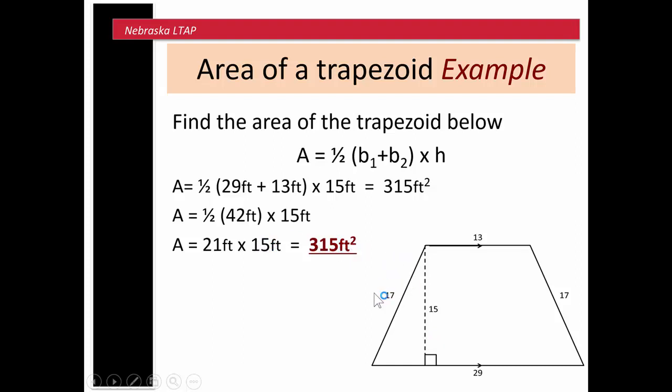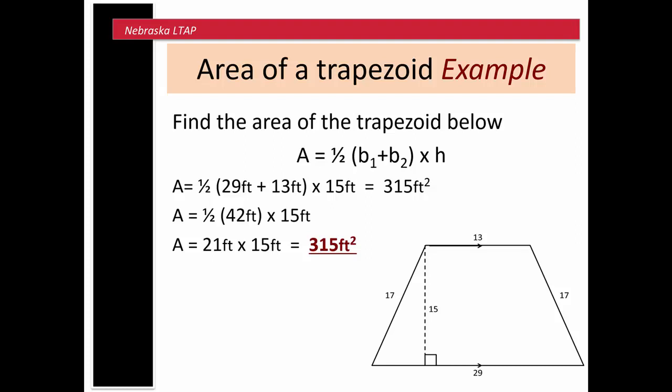You'll notice out here on the edges, these number 17s. You don't really need those to calculate this problem, do you? You need the bases and the height. These we don't need because we have the other information. You may find in a test that you're given more information than you need. There may be information that is not relevant to the particular problem you're working on.